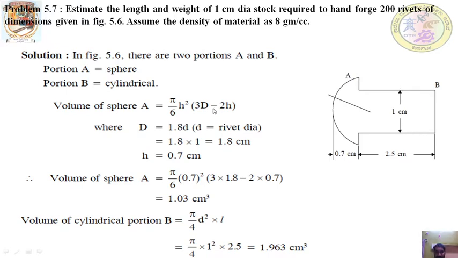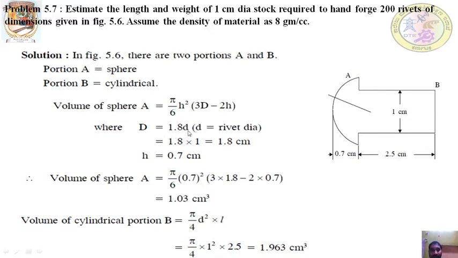The first portion is a sphere. The formula for the volume of a sphere segment is pi h square by 6 times (3d minus 2h), where h is the height, that is 0.7 centimeter, and d is the diameter of the rivet head, which is not given. For finding it, we have the standard formula d equals 1.8 times the diameter of the shank.